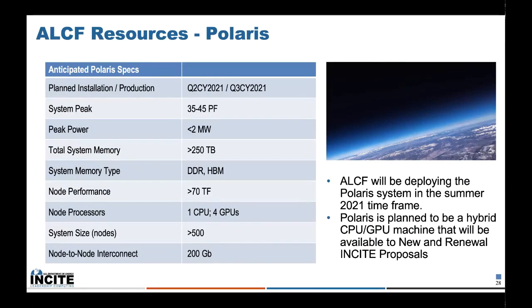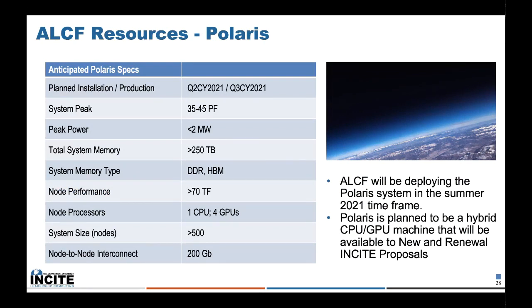As we were mentioning, Polaris is a new system that will be deployed by ALCF as one of the INCITE resources for next year. It will be deployed during the summer of 2021 timeframe, and it's going to be a hybrid CPU and GPU machine. Unfortunately, we cannot provide more details than that, but it will be available for INCITE from day one.